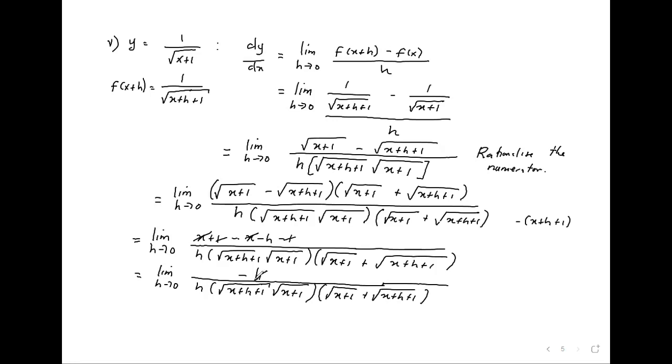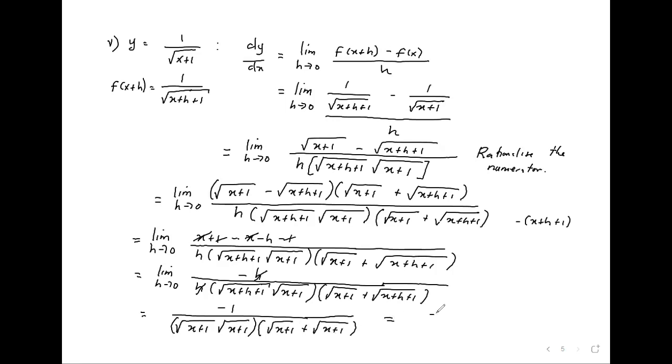So that this and this can cancel. Now we have negative 1 over whatever there is h now, we can take 0. So we have x plus 1 multiplied by x plus 1 multiplied by x plus 1 plus x plus 1.